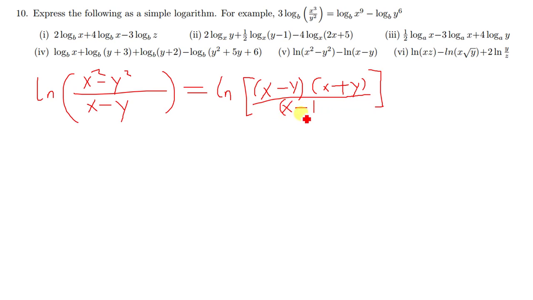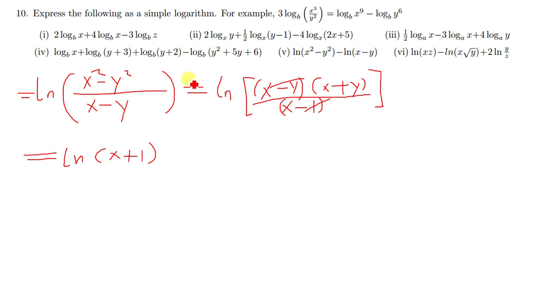You can see this part here is able to cancel with that. So I'm going to have my log of x plus 1 in its simplest form. So this is the simplest form of that log.